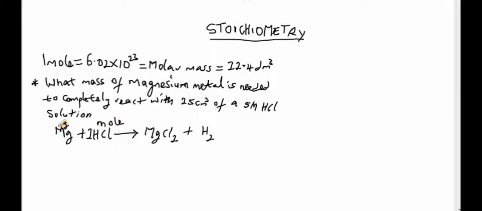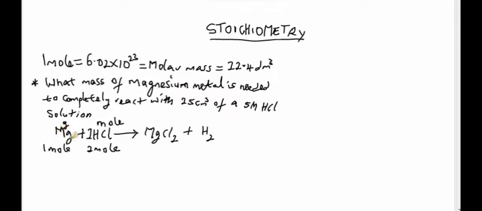So it's a volume to mass relationship. The mole ratio here is 1 mole of this metal reacting with 2 moles of this acid. The relationship between mole and mass is molar mass.